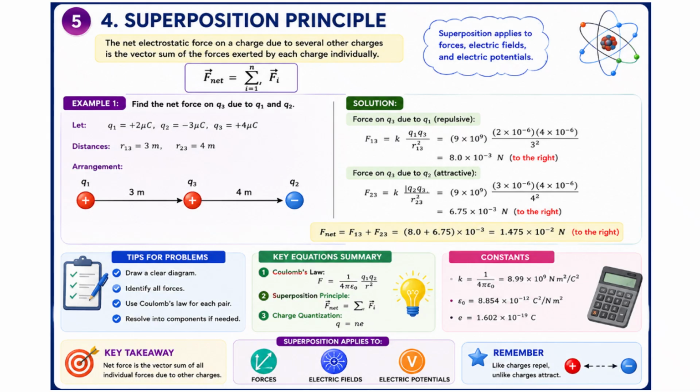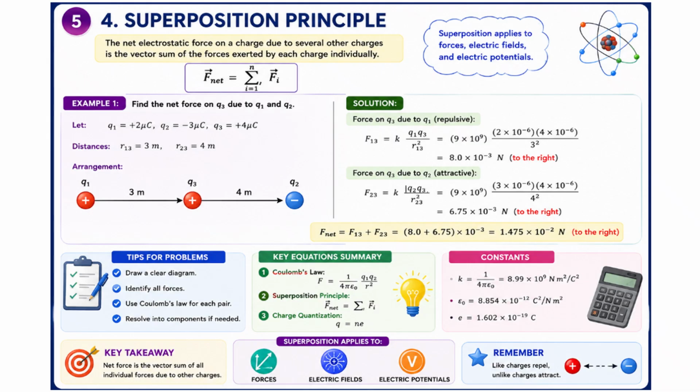So you can say that F net, that is the final or effective force, is equal to F1 plus F2 plus F3, because the electrostatic force obeys the principle of superposition. This principle allows complex charge distributions to be analyzed by considering each charge, as I mentioned.